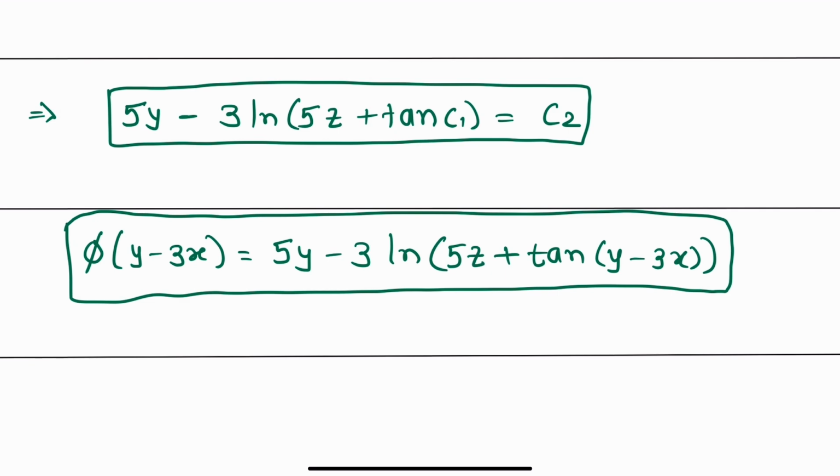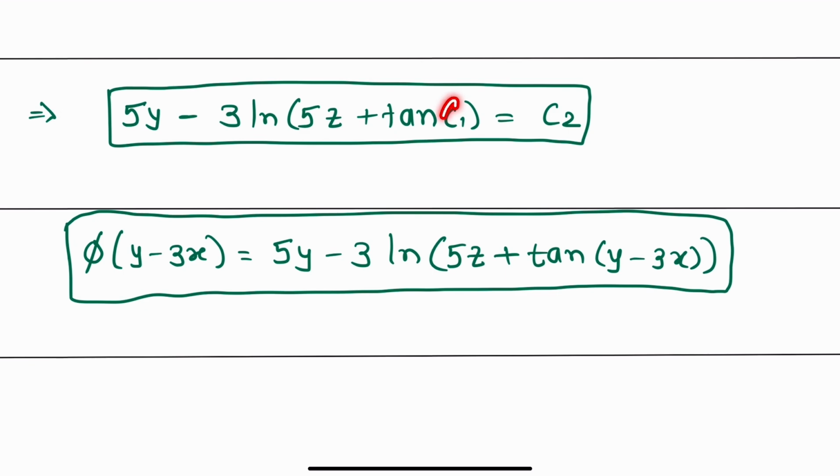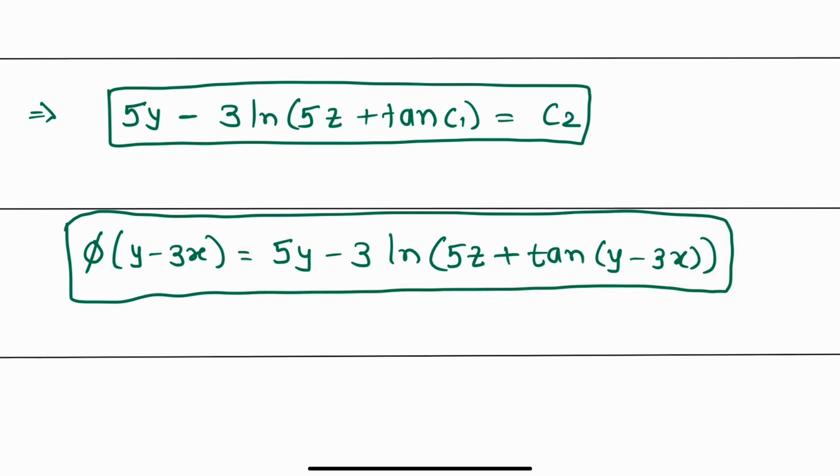Now, once we get this particular equation, we will have to replace this particular c1 with the original one, which was y minus 3x. Once we replace it here, we can write the solution in the form of phi of y minus 3x equals this particular function.